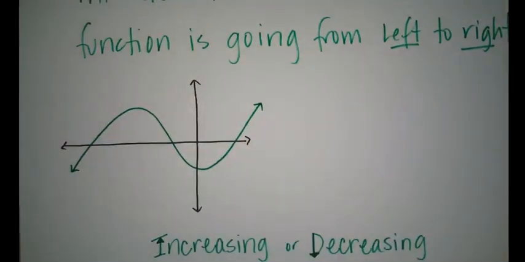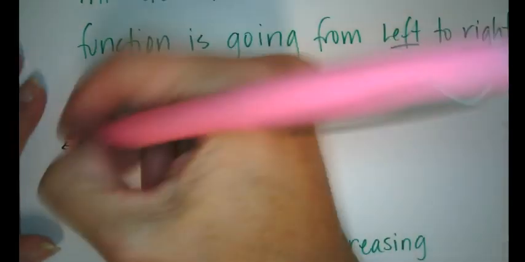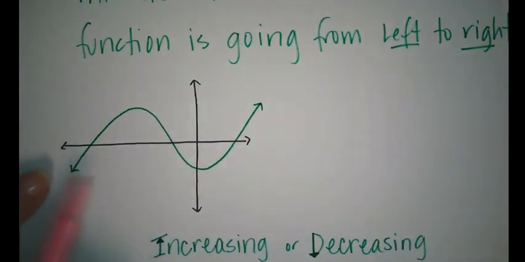Okay, so this curve has parts when it's increasing and parts when it's decreasing. I feel like just thinking about being on a roller coaster is a great way to get an understanding of the increasing and decreasing parts. If this was the side view of a roller coaster, again, starting at the left. Even though this arrow is going down, this is where we're starting. We're going to trace our graph.